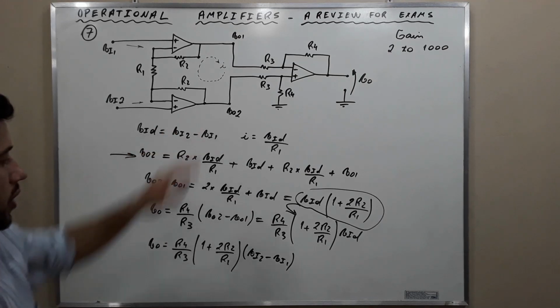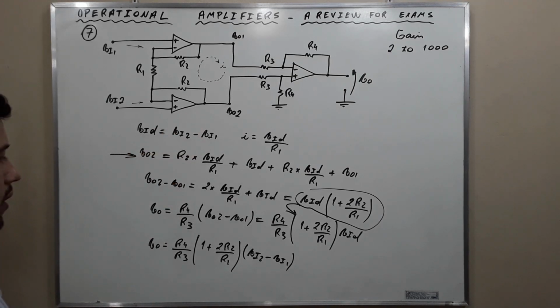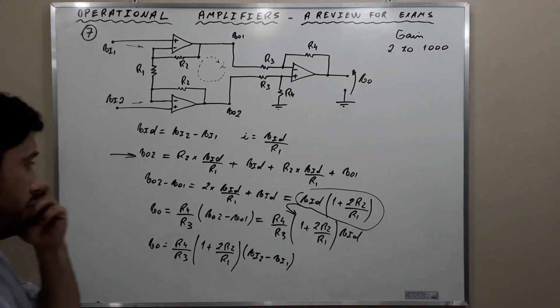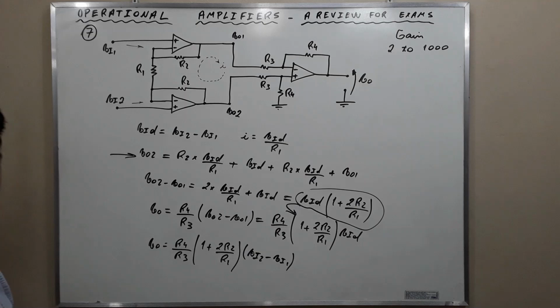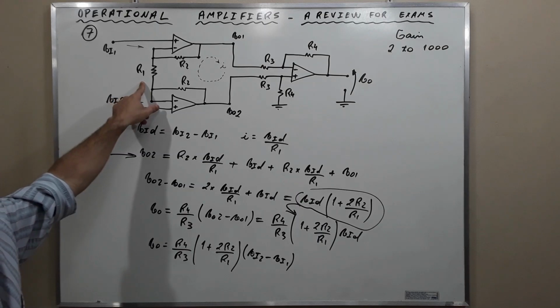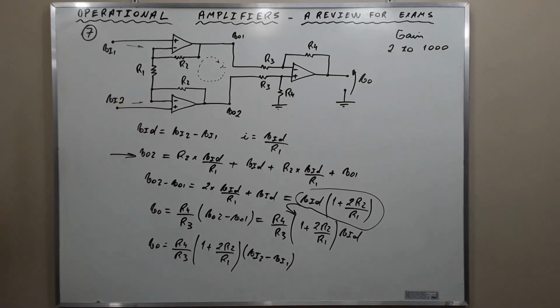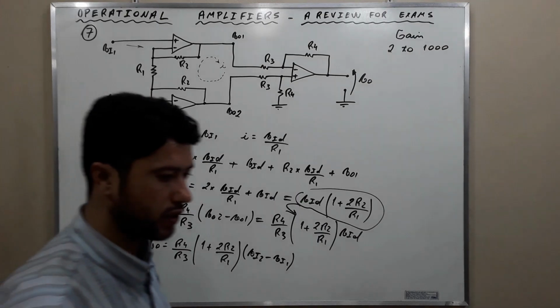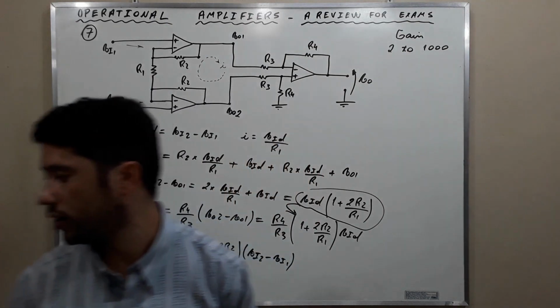Okay, this is the first step in understanding this problem. Secondly, we are going to do what the exercise wanted us to do, to replace R1 by a variable resistance. And let's do it. Let's do what the exercise wanted us to do.